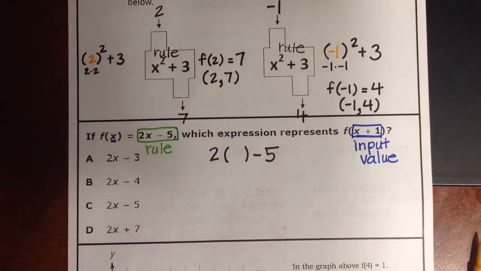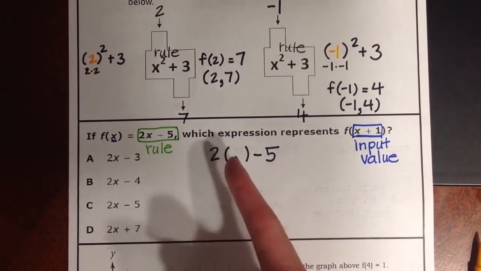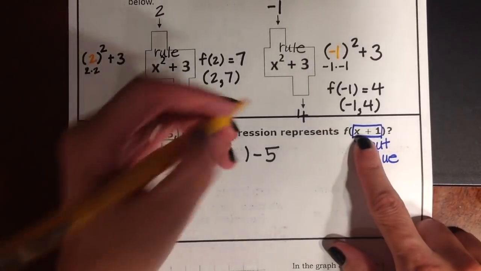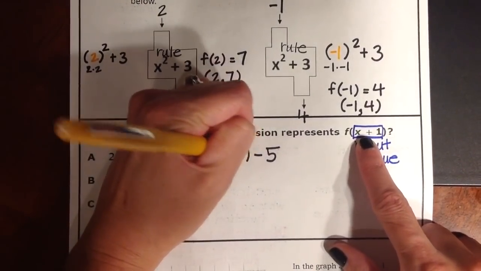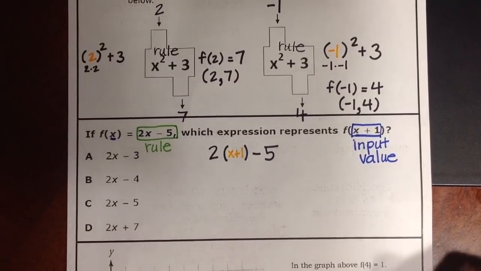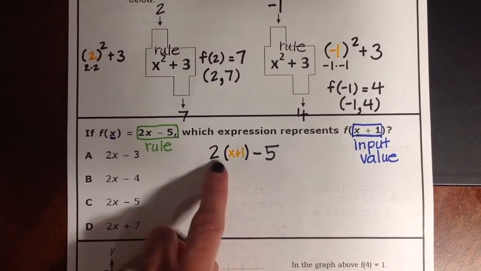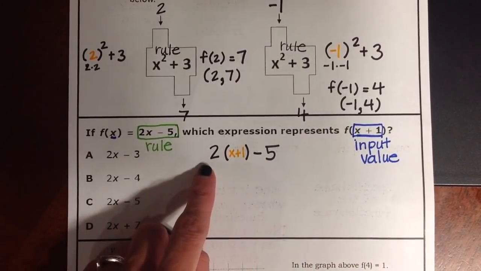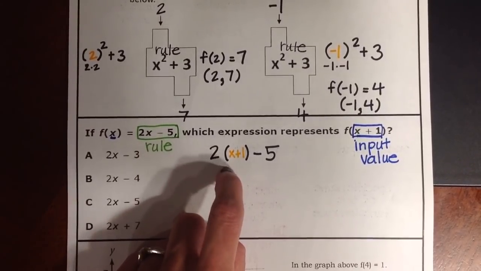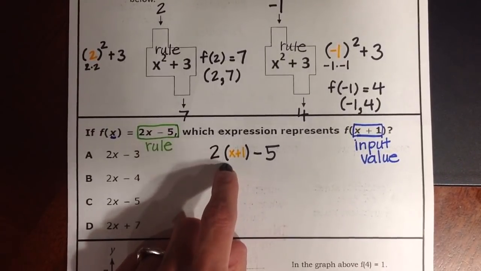And now I'm going to ask myself, just like I did before, what is the value that is going into my function rule? And that value happens to be x plus 1. Sometimes your input value will not be just a number. So I'm going to ask myself, can I type this into my calculator? And you should say no, because remember when we were solving equations, you can only type x in your screen if you know its value.